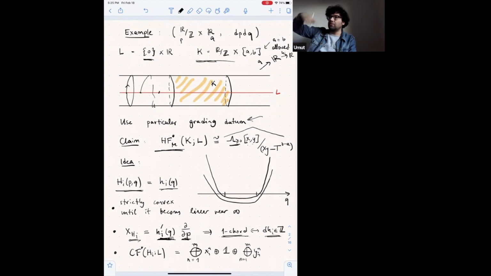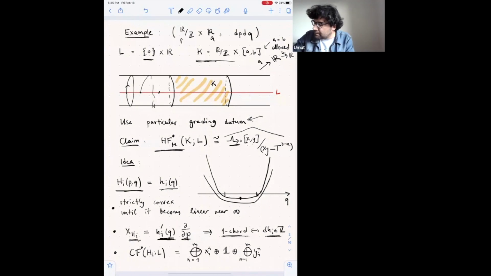Otherwise, you go around and don't come back to L, so you don't become a one chord. So all the generators are happening above the points on this Q line where the derivative is an integer. So there's, for example, one here where the derivative is 0, one here maybe where the derivative is 1, derivative is 2, maybe it's 3 here, and so on.